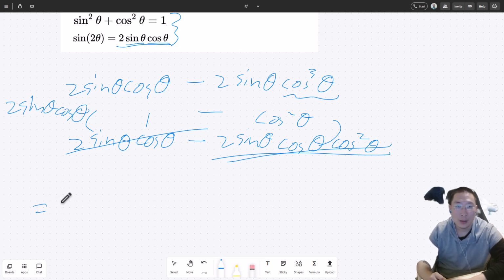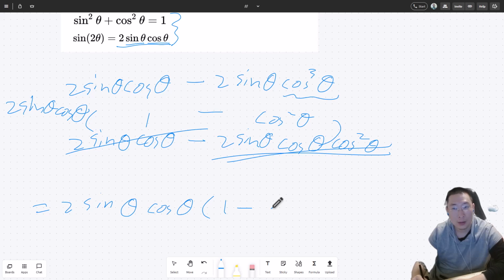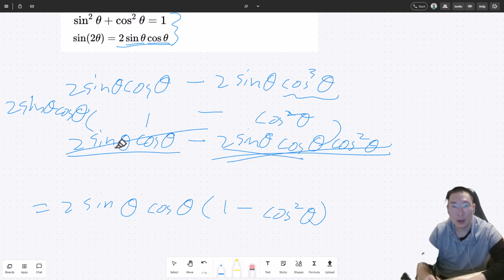So this becomes 2 sine theta cosine theta multiplied by 1 minus cosine squared theta, right? This is squared here. If that makes sense, we factored out the 2 sine theta cosine theta from both sides. See, we have this part here and this part here, we factored it out. Then on the inside, we get 1 minus cosine squared theta.